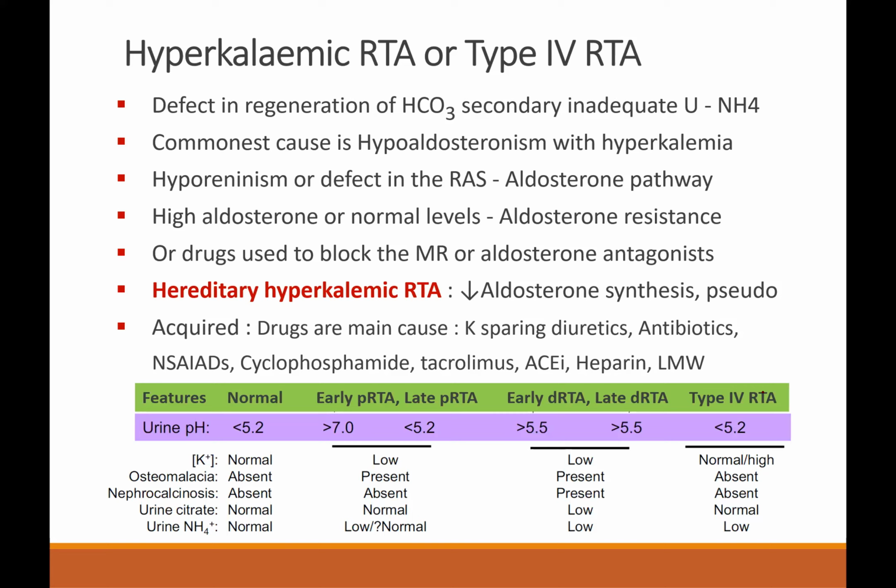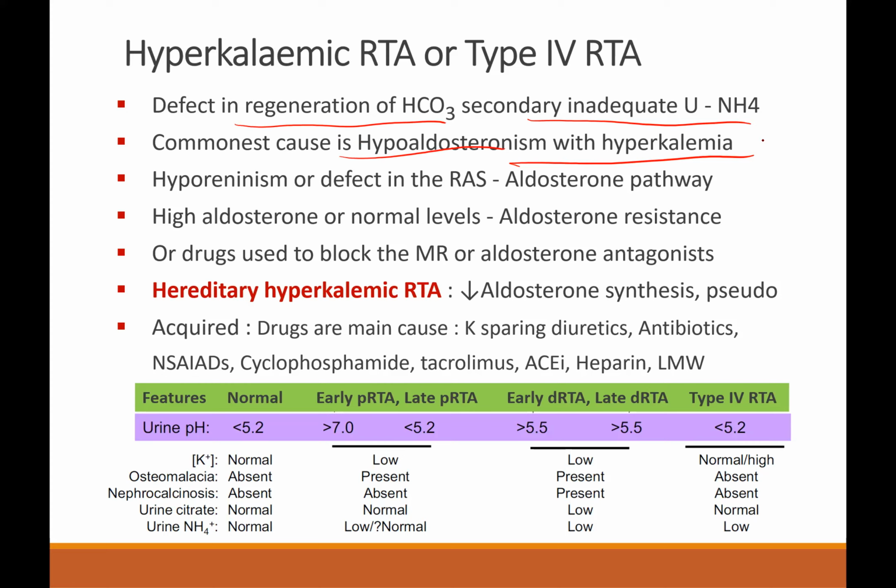The commonest cause of this type 4 RTA or hyperkalemic RTA is hypoaldosteronism with hyperkalemia. You know, hyperaldosteronism will be excess sodium and water, and the patient will be edematous.